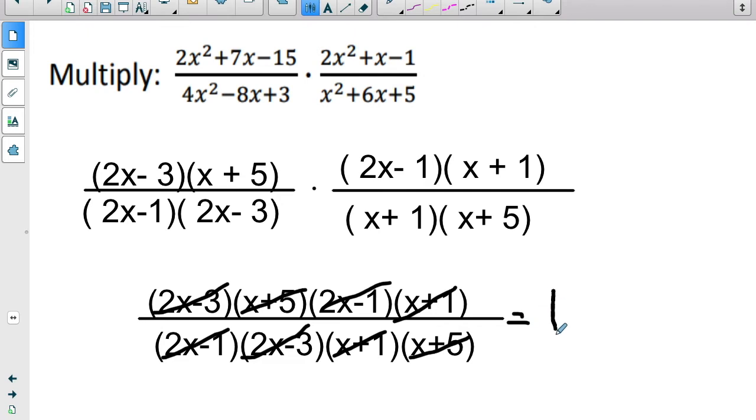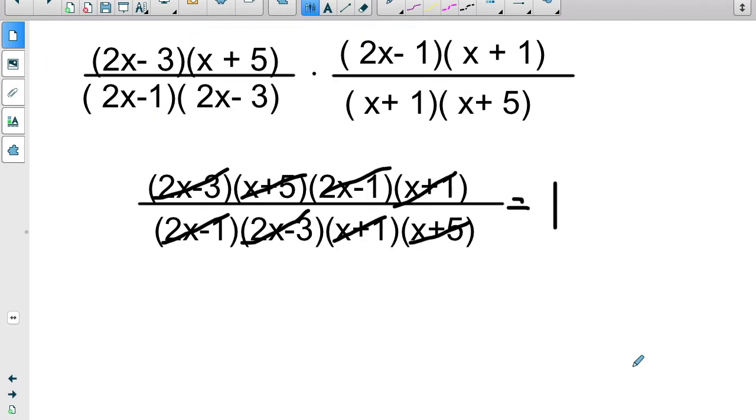Everything simplified out, so our answer is 1. Since everything simplified with the numerator and denominator, it became 1, because anything divided by itself is 1.